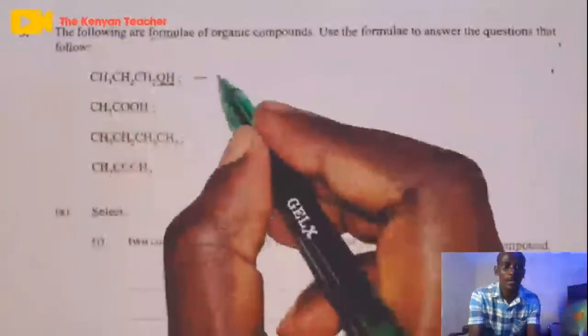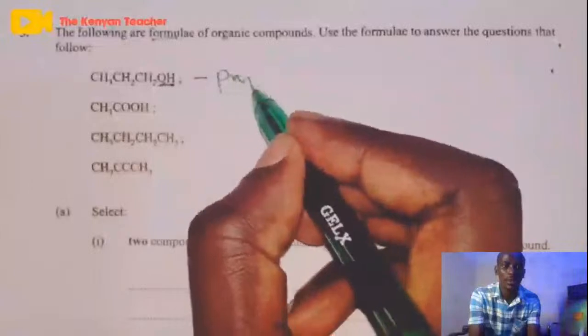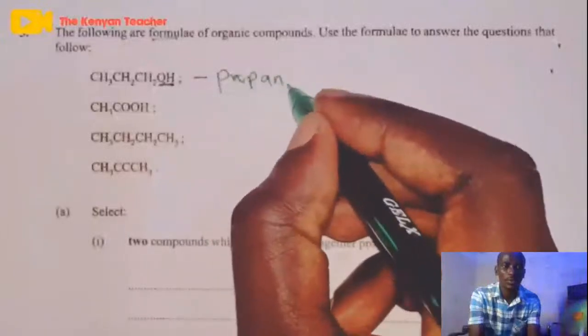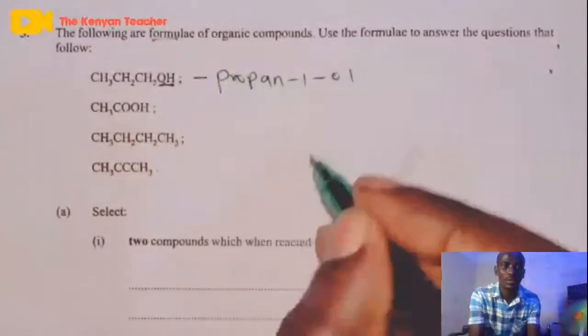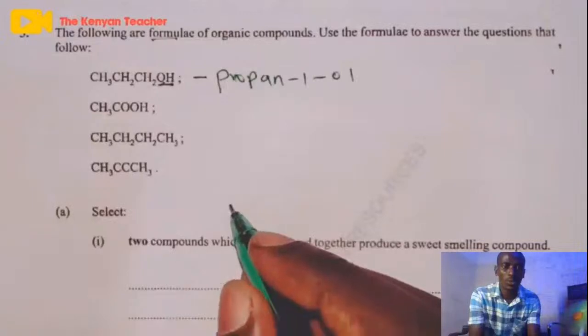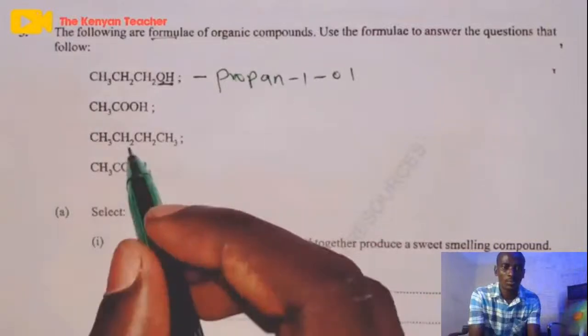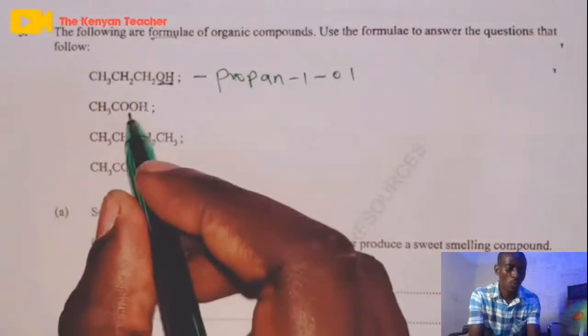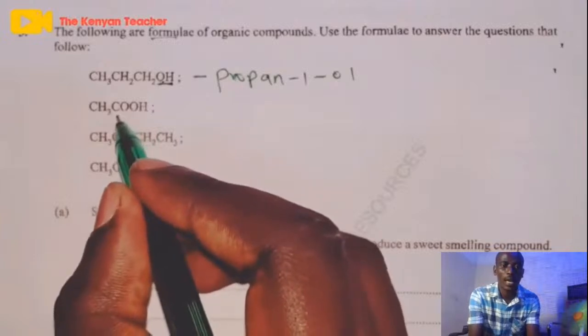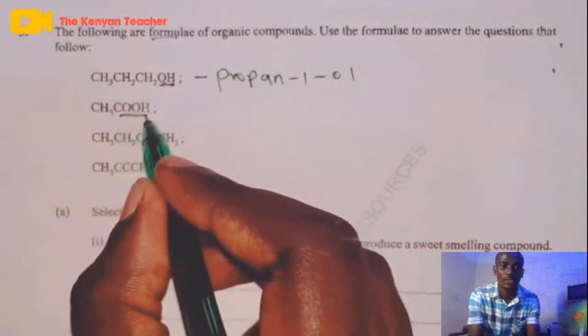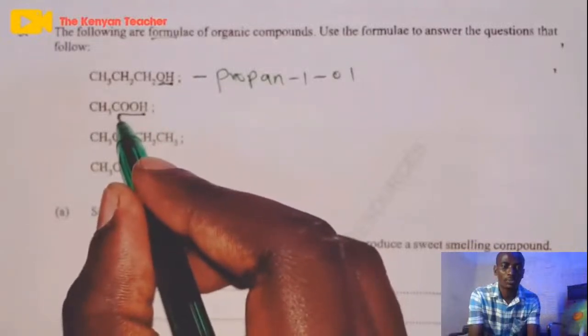Now see this one here. You just count. This is propanol. Show where the hydroxyl group is attached. It can be from the first carbon atom.